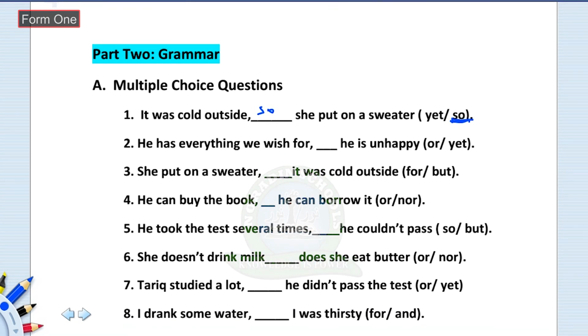We choose so, this word. The second one, he has everything we wish for, dash, he is unhappy. Now you have to choose between or and yet. Which is the correct option? The correct option is yet.